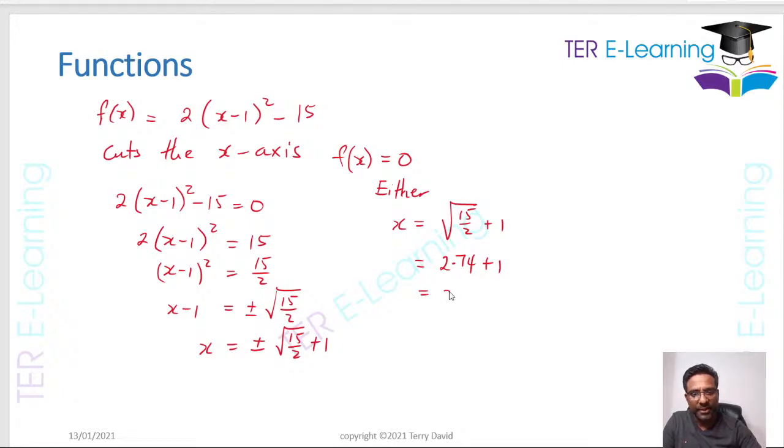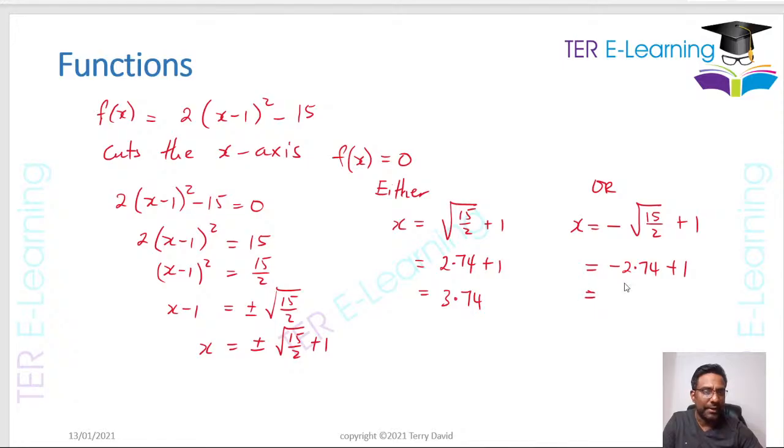So what you're going to get here is 3.74. You get an or option as well, which is this. x is equal to minus the square root of 15 over 2 plus 1, and that's going to be minus 2.74 plus 1, and that's going to give me minus 1.74.